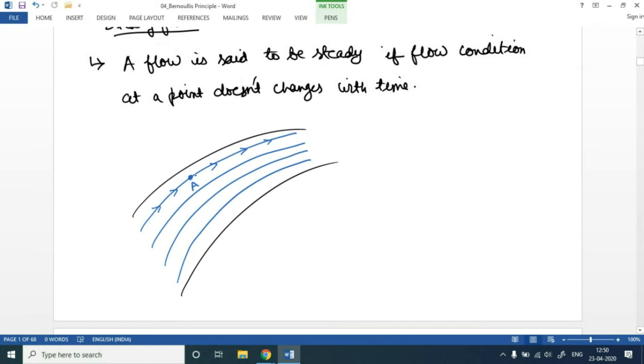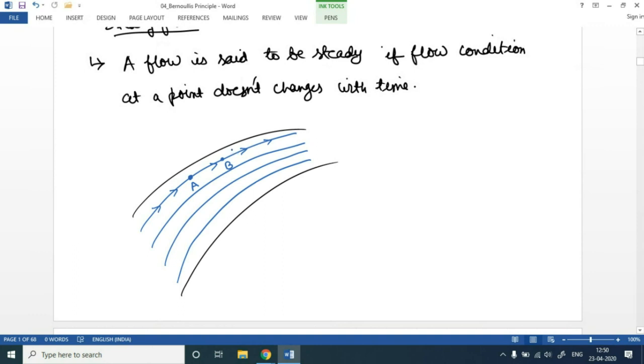Another thing is that all the particles will be following the same path. For example, if a particle has crossed A and there is another point B on this streamline, then at some other instant a particle that has crossed A is going to cross B only.